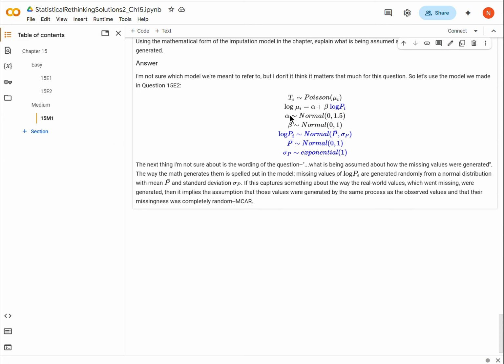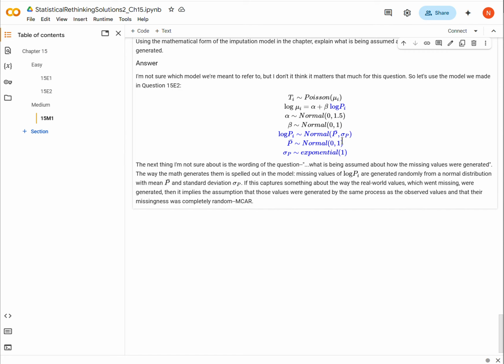Now, if we're going to cast a broader net and talk about the values in the real world which happen to be missing from our data set, then the assumption this is implying is that the missing values for log p are being drawn from the same distribution as the values that we observed, the values in the real world which happen to have been observed.